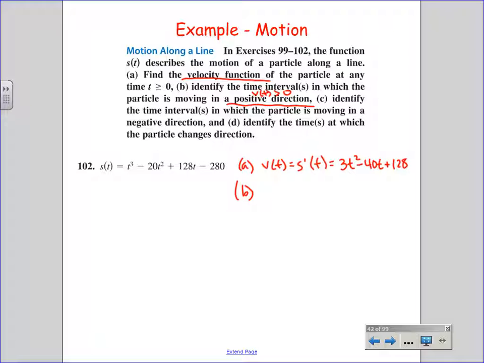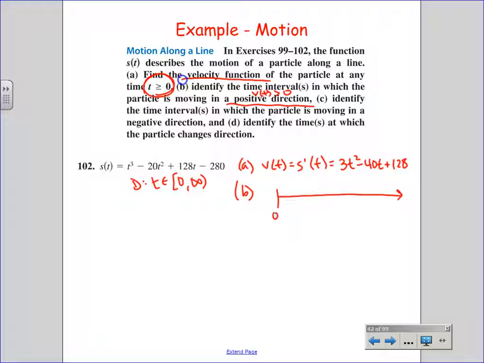So I'm going to talk about my domain, but my domain is all real numbers of time. Unless it says something about, oh, no. Time starts at 0, which kind of makes sense, I suppose, in most examples. So we're going to actually have the domain be 0 to infinity because of what they said. So in my sign chart, I'm going to start at 0 and go to infinity.